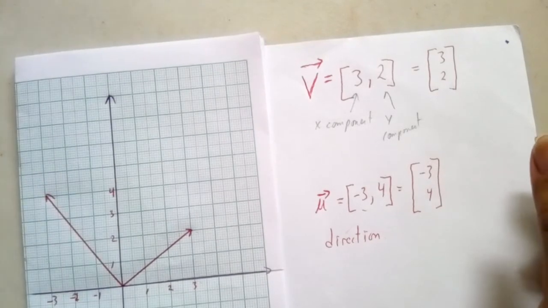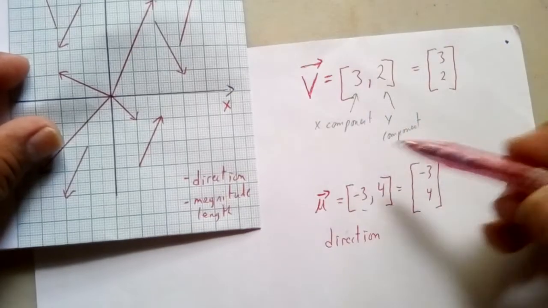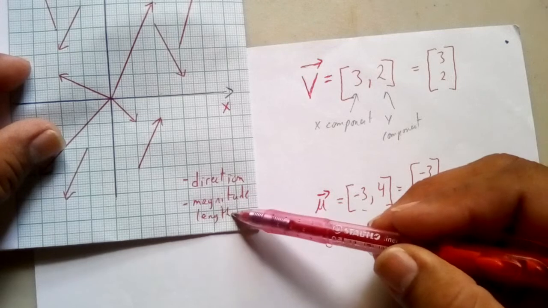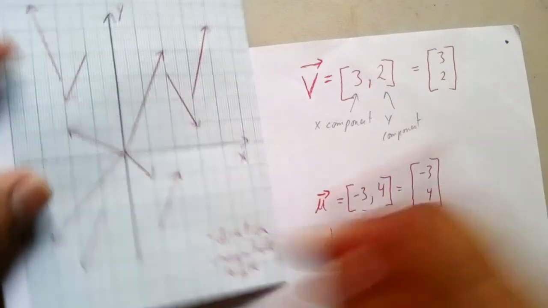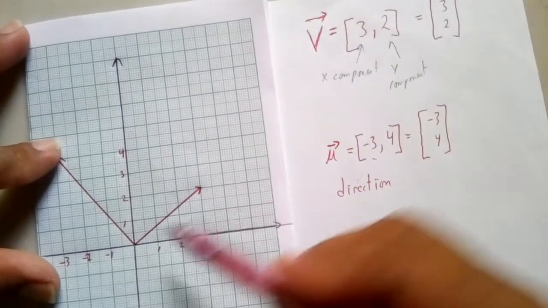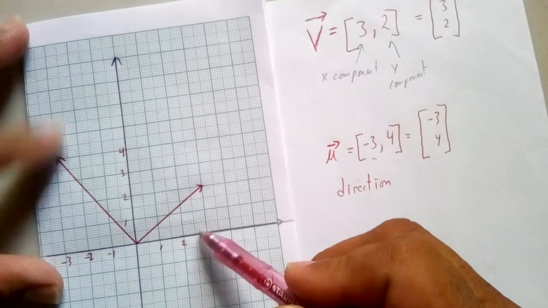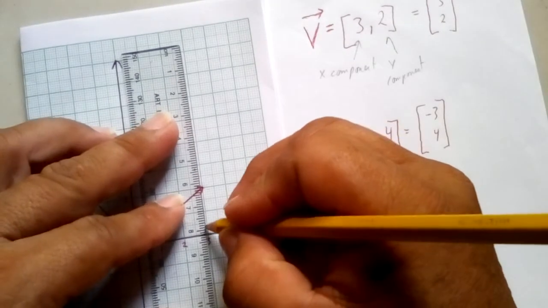Now let's see, how do we know the length of a vector, or the magnitude of a vector? Well, let's see, we have this vector here, and as you can see, this vector has formed a triangle. So that is what we will be using. I'm going to use broken lines.